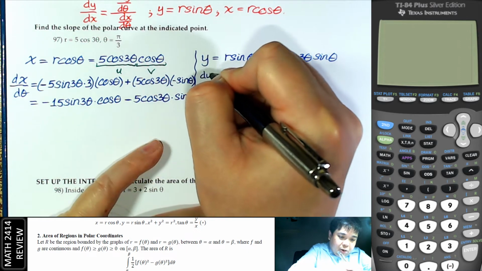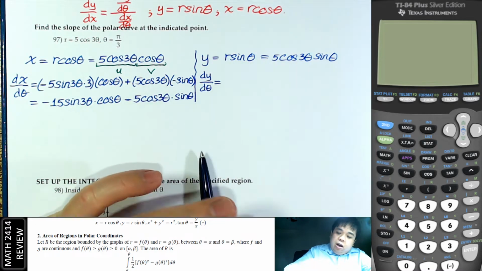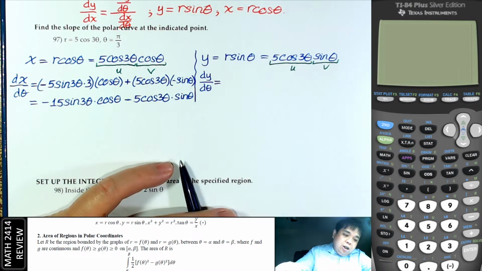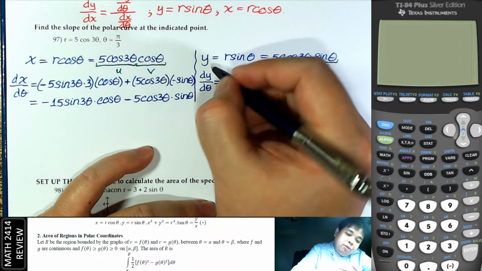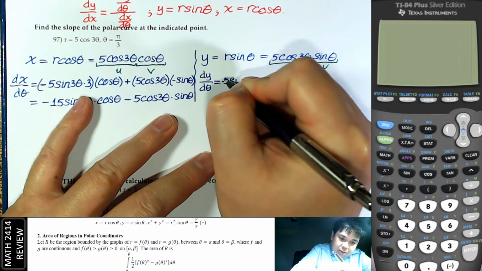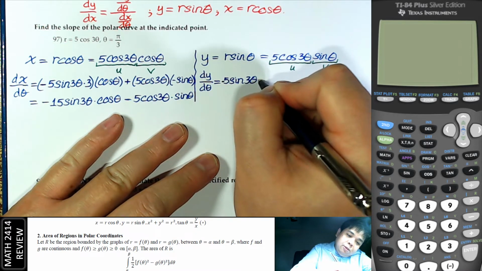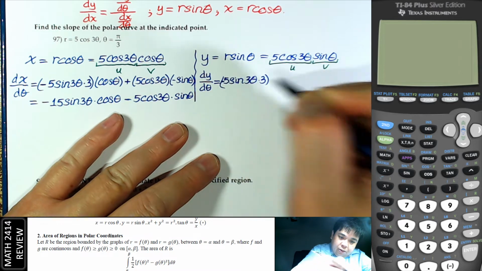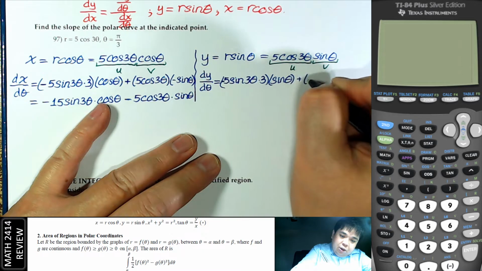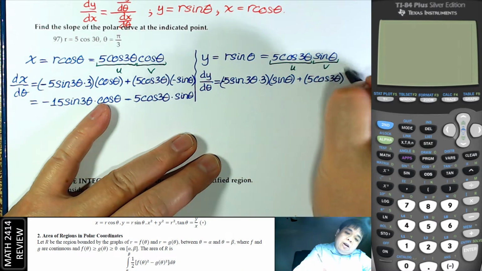Next, write dy over d theta. Right, once again, product rule. u v, so u prime v plus u v prime.